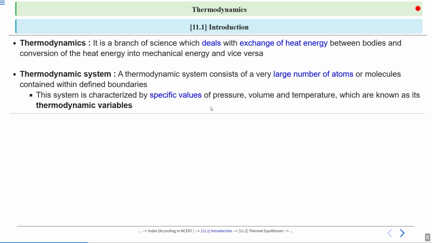Here, boundary means the real or imaginary surface that separates the system from its surroundings.